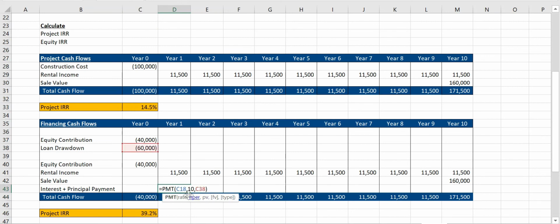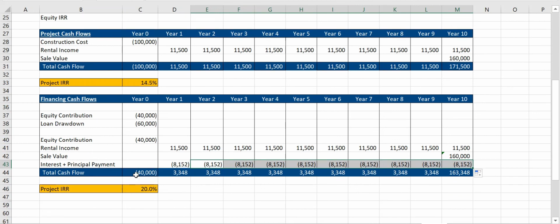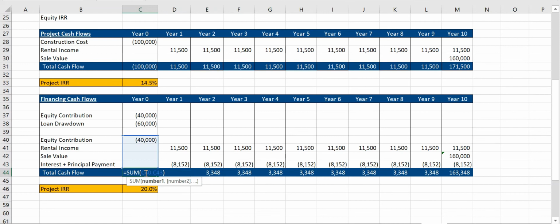In fact, you need to take it as a minus figure because it's a repayment of interest and the principal amount. The same figure you can take over the 10 year period. Thereby you can see the total cash flows for the equity contributors.